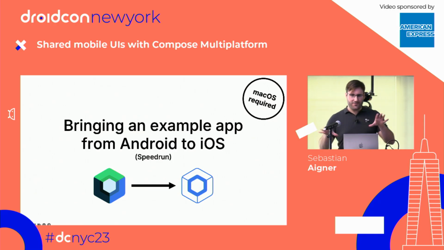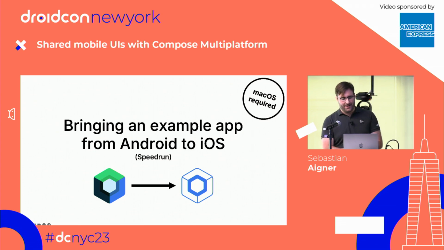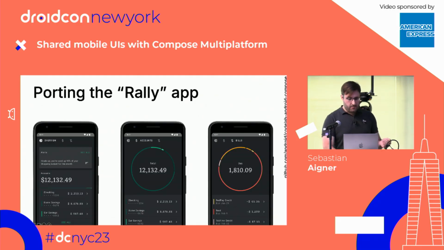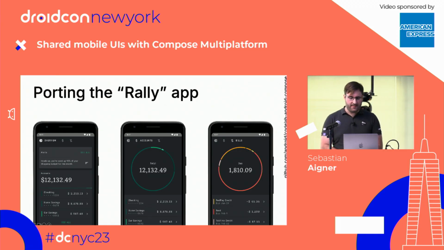But I figured that rather than just telling you about this, we'll see what porting a tiny application from Android to iOS via Compose Multiplatform would look like. We're going to be porting the Rally example application.